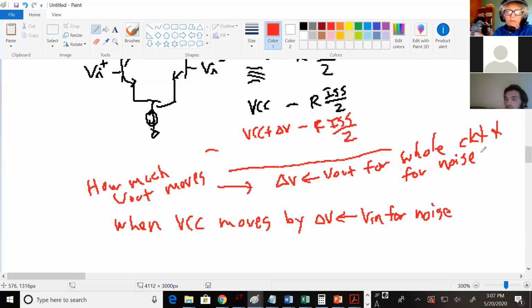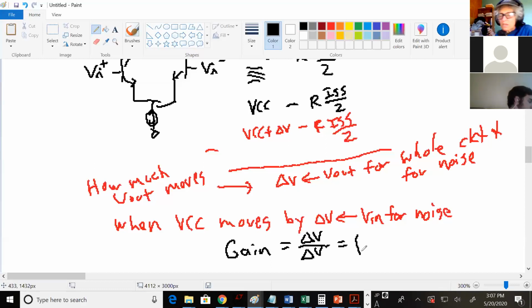So it would be delta V over VCC plus delta V. Okay, but VCC doesn't change. So just 1? Yes. That's how much your V out changed when you changed V in by that much. So you just get 1.